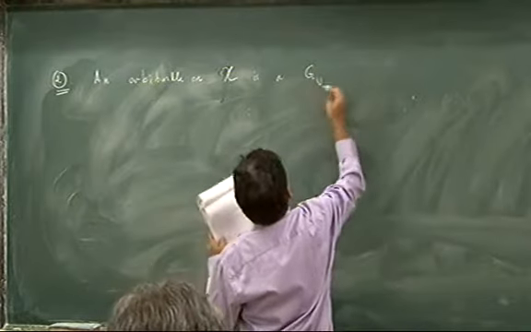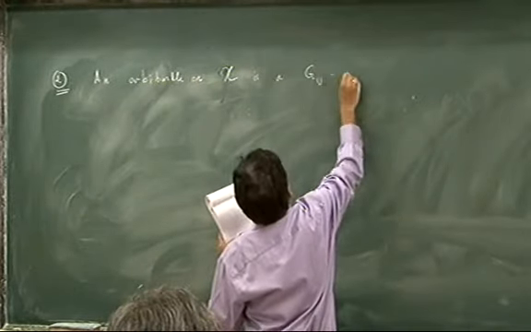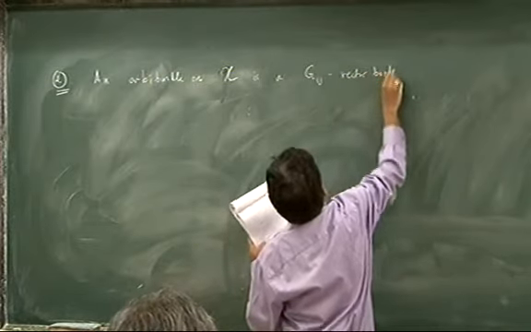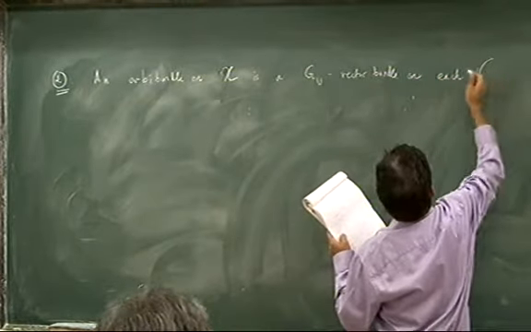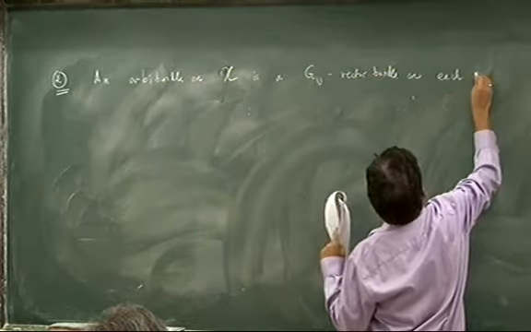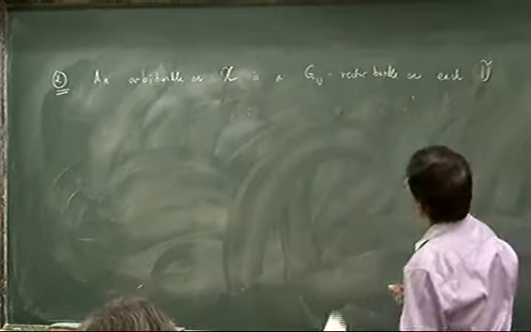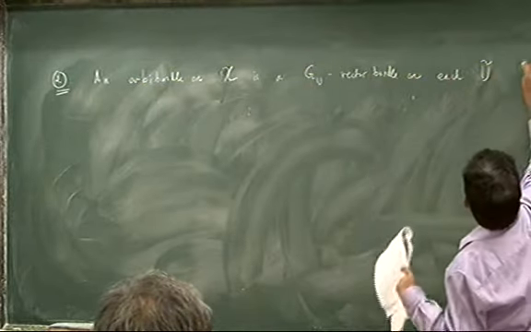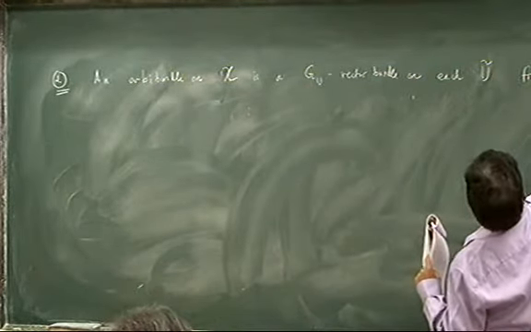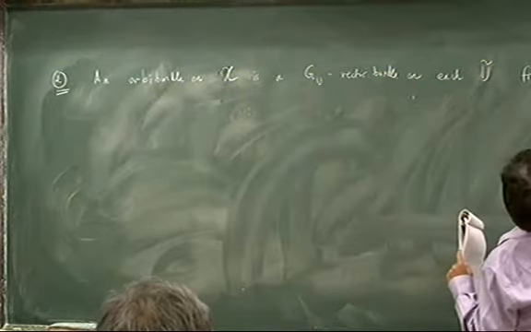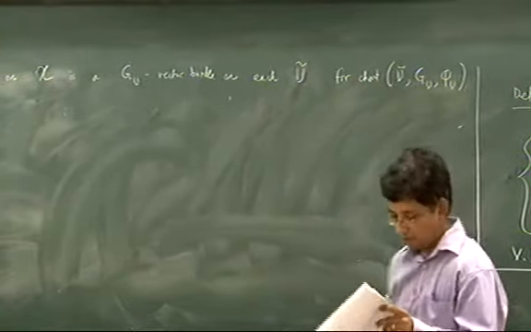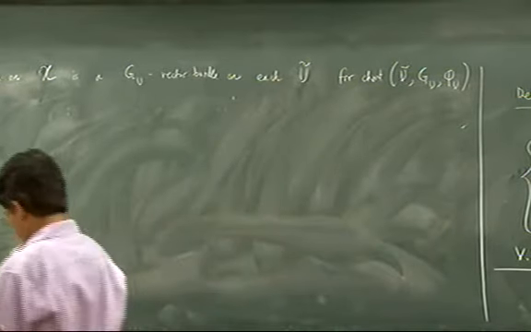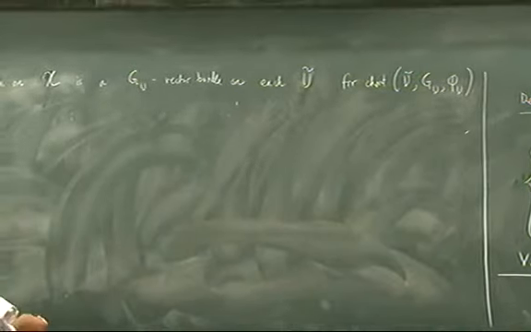U, a vector bundle on each U tilde. So my charts are, for each chart U tilde, I will write G_U, V_U.